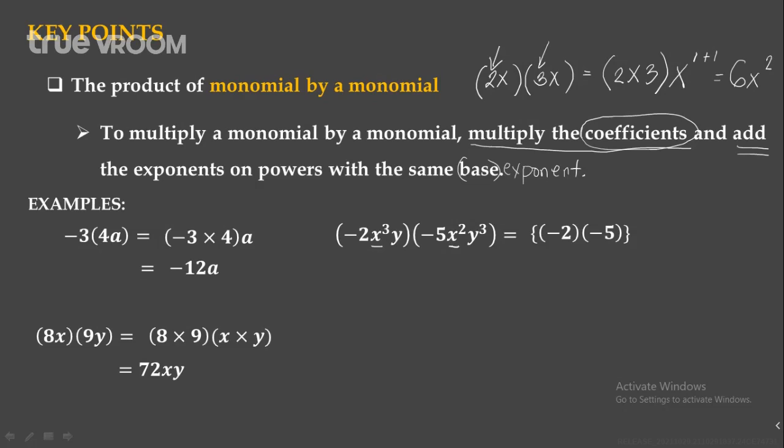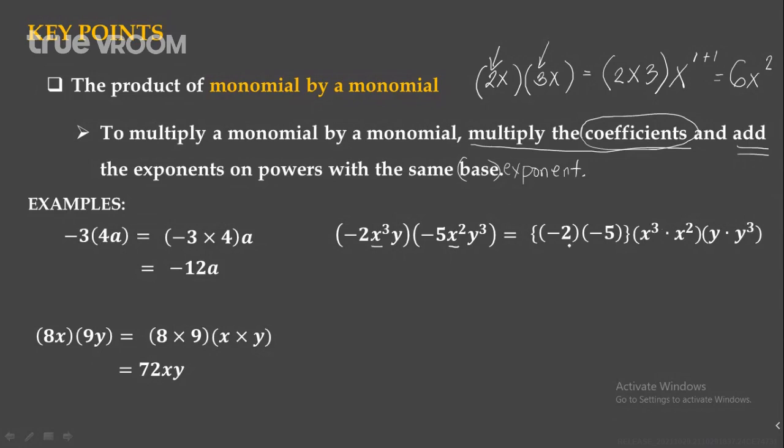If we have the same variable on each monomial, you are going to add the exponents. First, x cubed times x squared. So combine the same variable. The same also with y. You combine y because they are the same. Later, we are going to multiply all together.